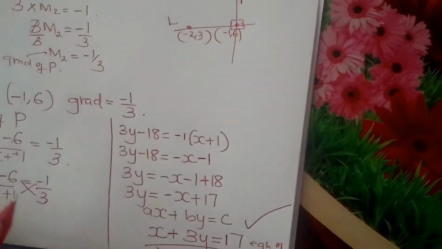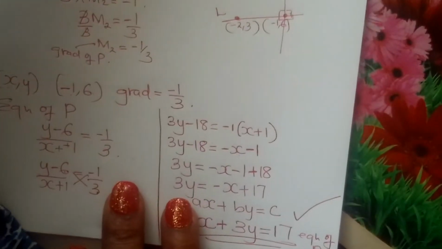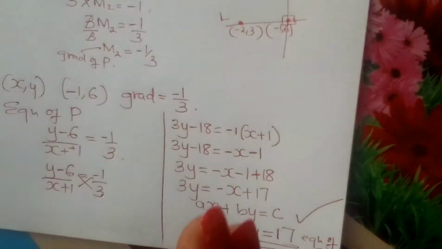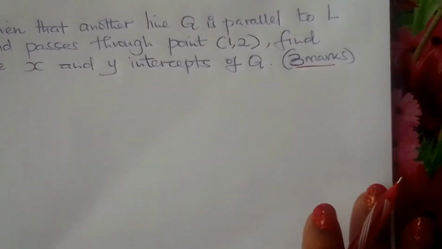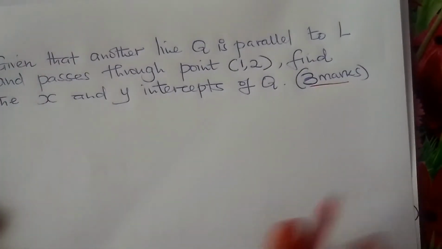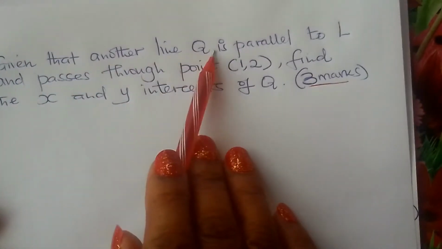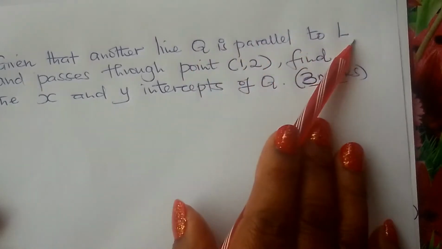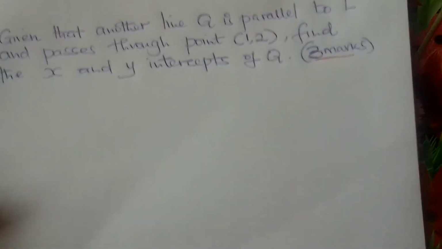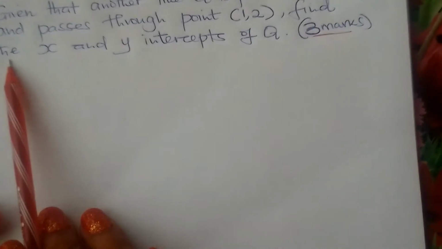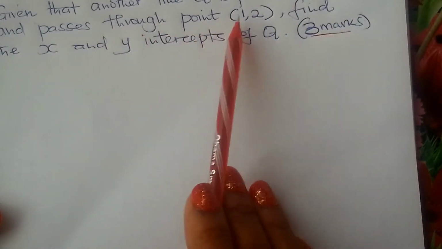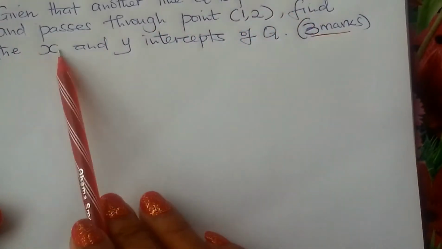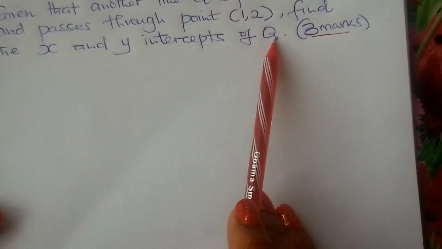Good. We go now to part C, learner. Part C. Look at this. You are told, given that another line Q is parallel to L. It passes through point 1, 2, find the x and the y-intercepts of the equation.